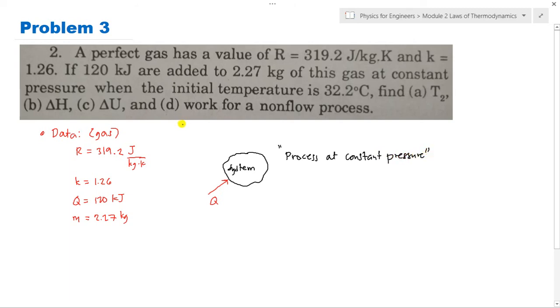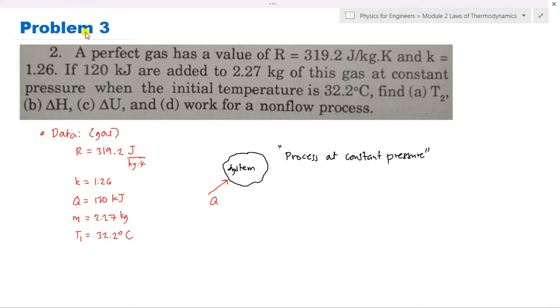Okay, so gi-state po diri when the initial temperature is 32.2 degrees Celsius, that is T1. Then gi-state diri find A, T2, then B, delta H, C, delta U, and D, work.